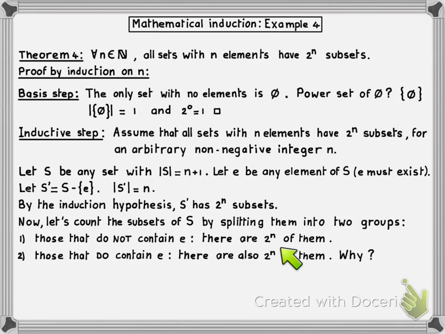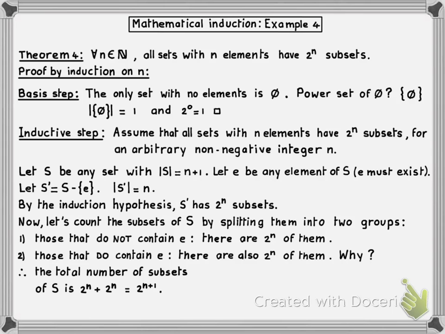Well, the answer is this number plus this number. So in other words, the total number of subsets of S is 2 to the power n times 2, that's 2 to the power n plus 1. And that is exactly the statement of P of n plus 1.